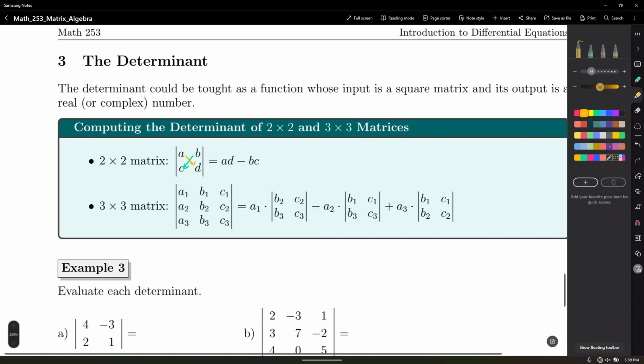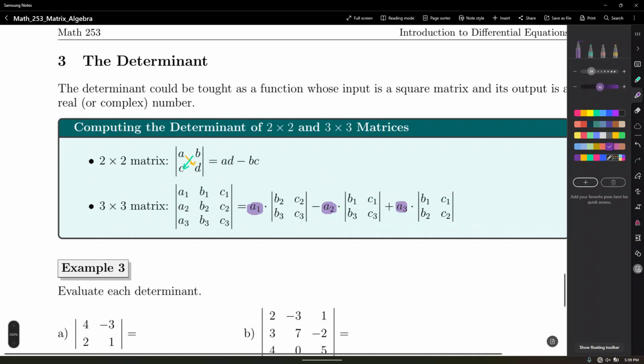Okay, let me do some purple here. A1, A2, and A3. Those three elements I highlighted are the elements of the first column of the 3 by 3 matrix, right? So that means this expansion was done along the first column.